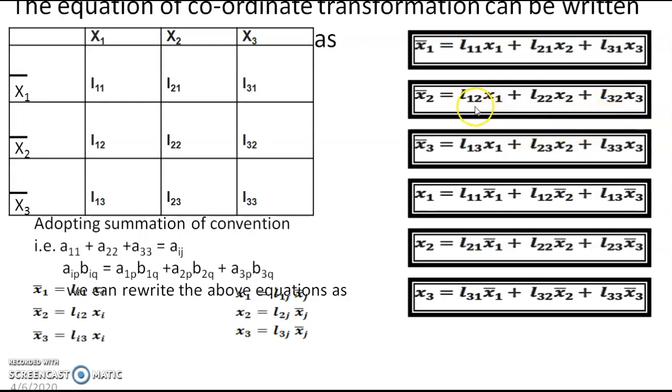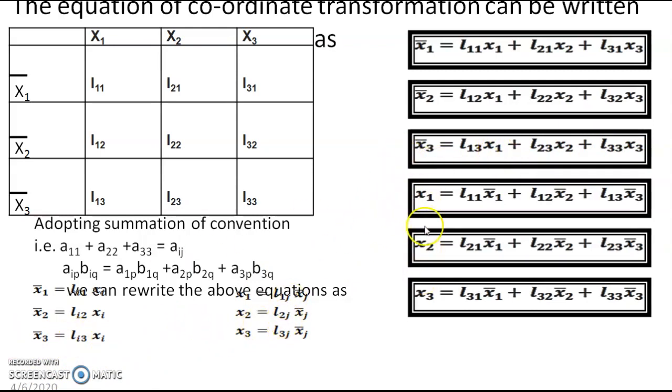For I equal to 2, the 2 is the same, so 2 is written here. For the third equation, 3 is the same, but for 1, 2, 3 we are writing I, and for x we write xi, x3.